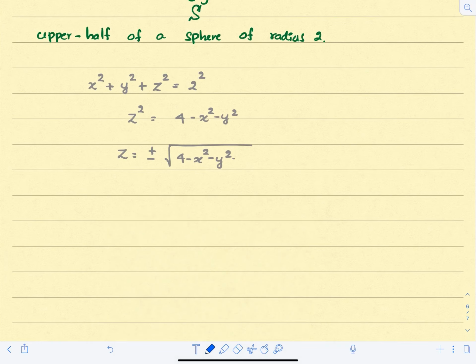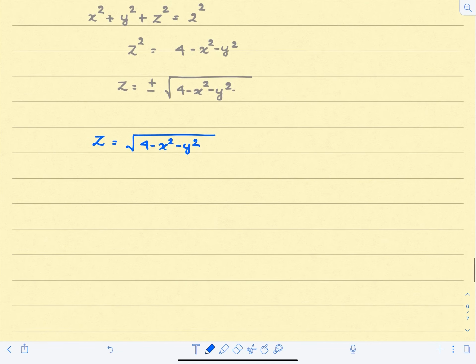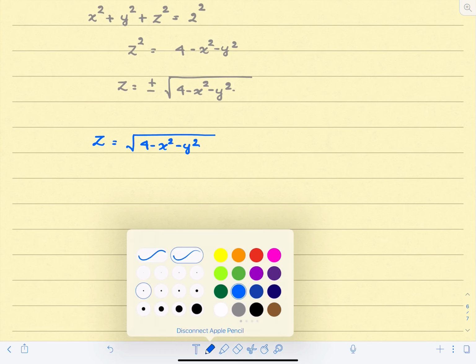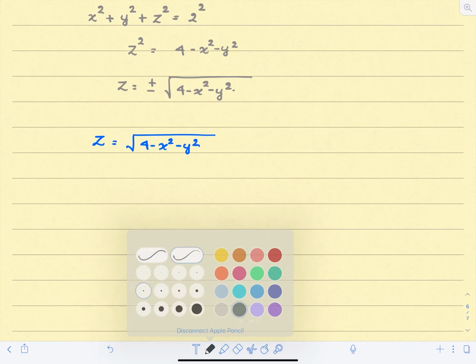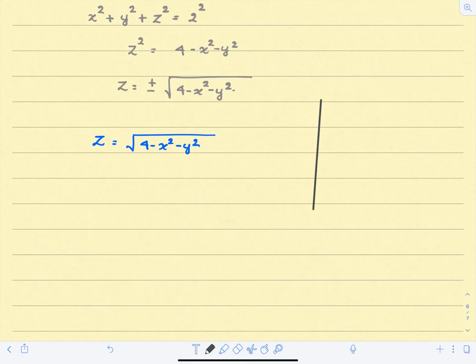So now the equation of the upper half of the sphere should be the square root of 4 minus x squared minus y squared. So this is your surface S. Now, as always, let me draw the picture. x, y, z.